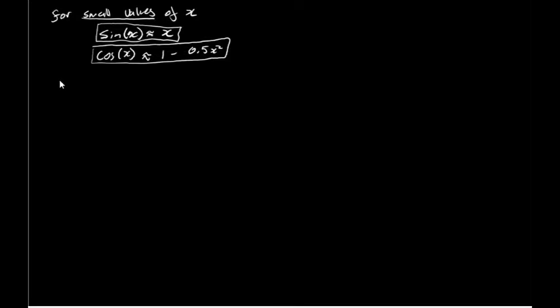So first question says using the linear approximations for sine of x, we want to evaluate sine of 3 degrees, and compare the accuracy to the calculator. So sine of 3 degrees. I'm going to convert that to radians. 3 degrees is going to be pi on 60.